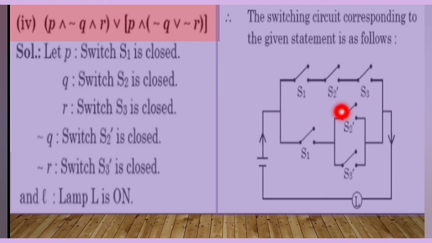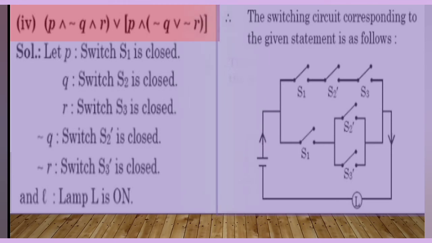First P is S1, and with negation Q or negation R. Remember, negation Q or negation R means parallel again. This is negation Q, S2 dash, or negation R. These two are in series with S1, meaning P, since we write P and in bracket negation Q or negation R. This is the diagram for this circuit statement.